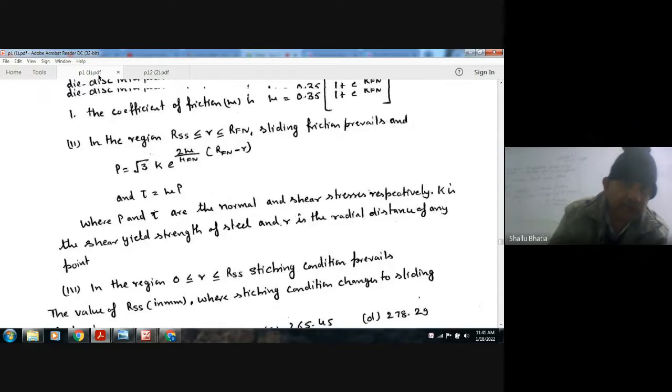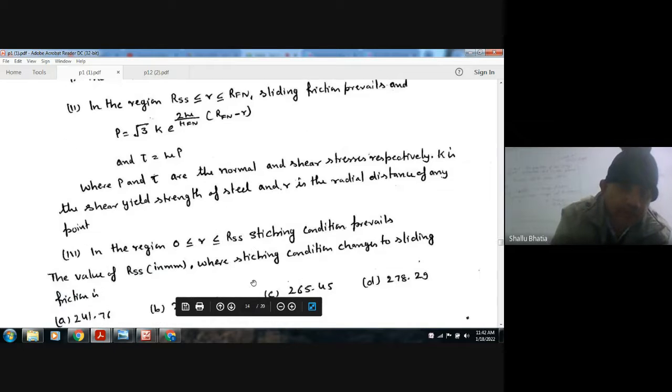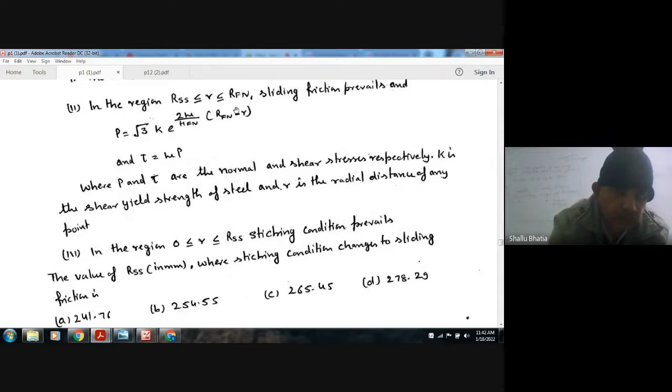So here it is given that the region between r_ss and r_fn is sliding friction, and the region between 0 to r_ss is sticking friction. So r_ss is common to both sticking friction and sliding friction.